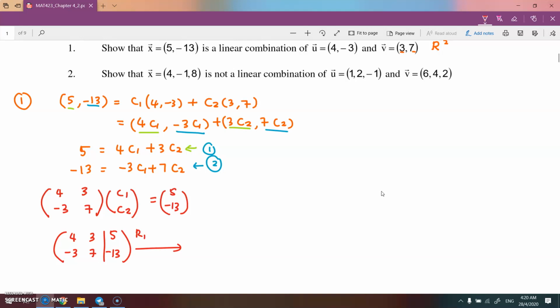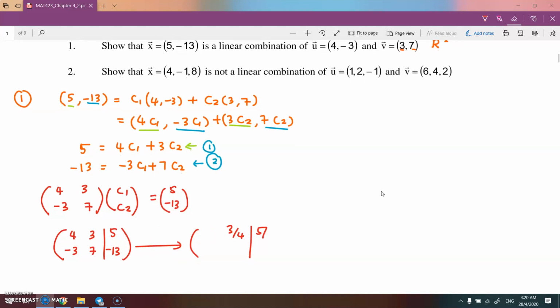Row 1 divided by 4 gives 1, 3/4, 5/4. But instead of dividing by 4, we just add row 1 and row 2. Much simpler, right? Otherwise we have fractions here.